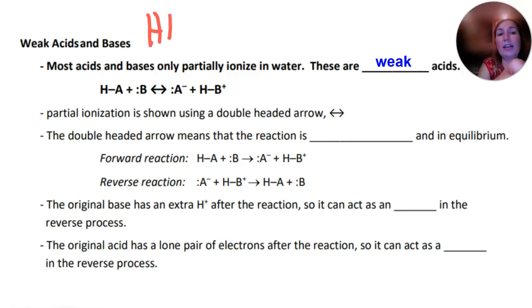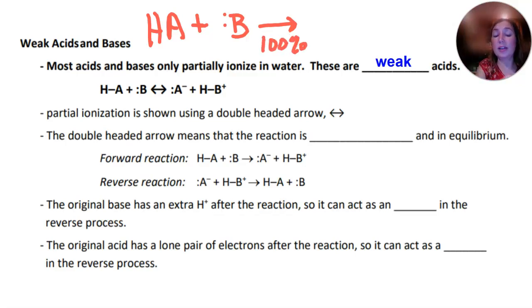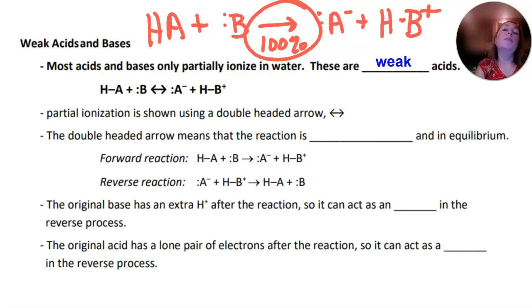Previously, when we had HA plus B and it was a strong acid with the single arrow, that meant 100% of these dissociated to make A minus and HB plus. The arrow for strong acids and bases really means that they go 100% to product.